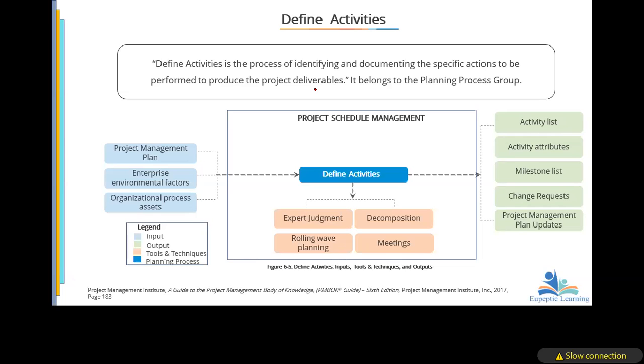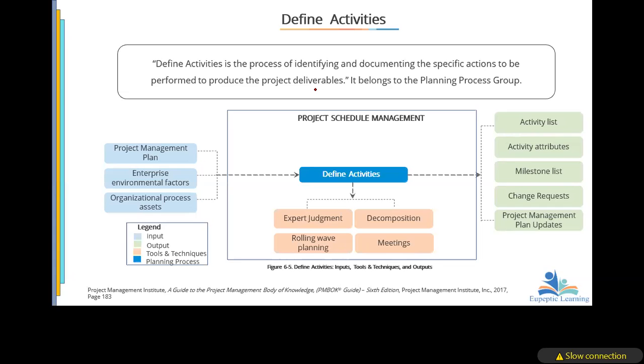The scope gave you the deliverables and the work packages. Now within these packages, what activities ought to be done? You get it now? The project management plan will involve all such information.